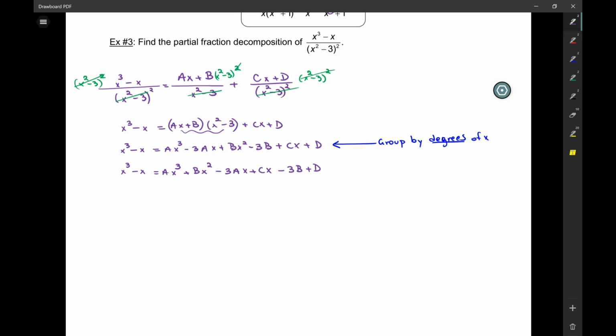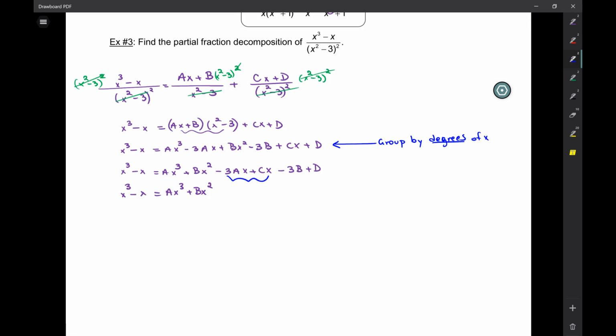Now, here's what we're going to do. If you have two terms with the same degree, factor them. So, one term with an x cubed, leave it alone. One term with an x squared, leave it alone. Two terms with the x, we're going to factor out the x. But here's how we're going to write it. So, x cubed minus x equals, I'm just going to copy down the first two terms. Now here, we're going to factor out the x.